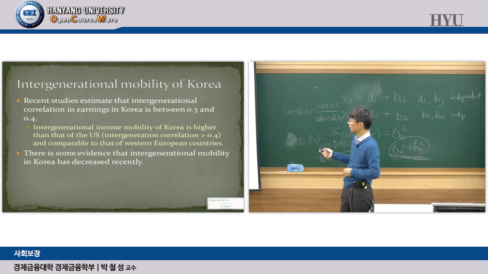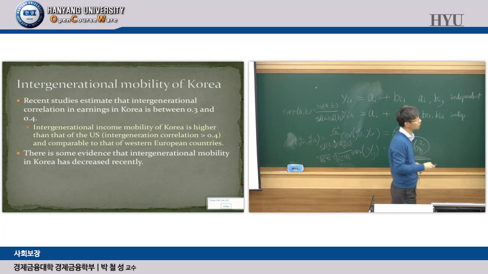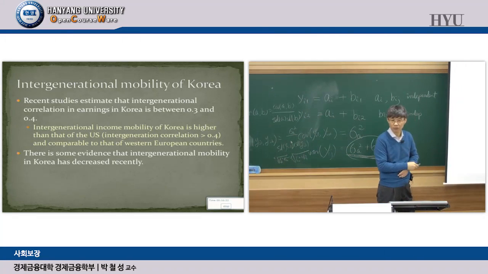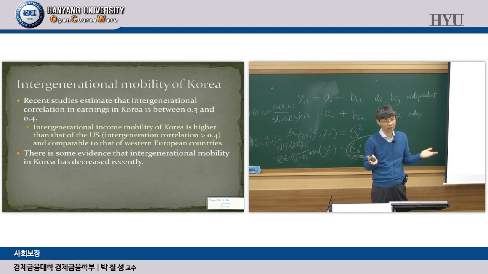That was quite a long time ago. When they got better data and calculated it again and again, they found that in the US, intergenerational correlation is actually quite high, above 0.4. So it's above most of the Western European countries. So now the general consensus is that the US is not that mobile a society.